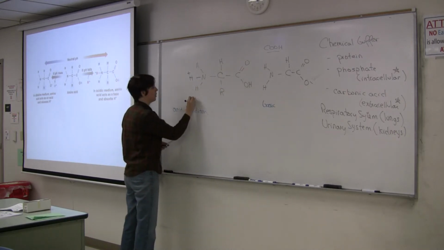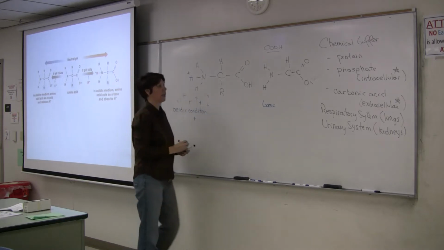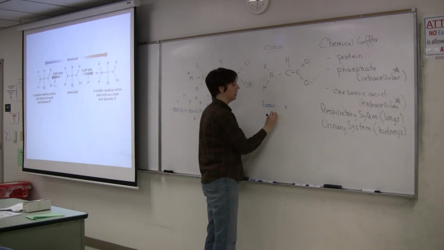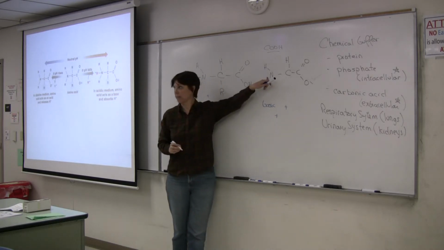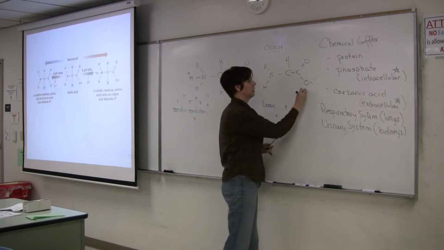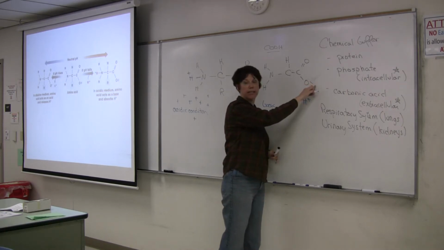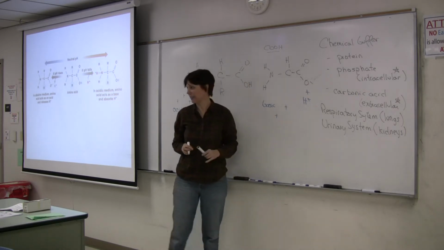Over here we have too many hydrogen ions; over here, we don't have enough. So we're certainly not going to take one and bind it to nitrogen. Instead, we take the hydrogen that was here and release it into solution.